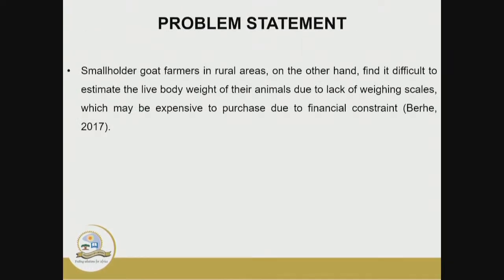Live body weight is crucial in the livestock industry, since it helps farmers select the best animal for breeding, determine the correct dosage to administer, provide proper feed, and set a better price for the animal.